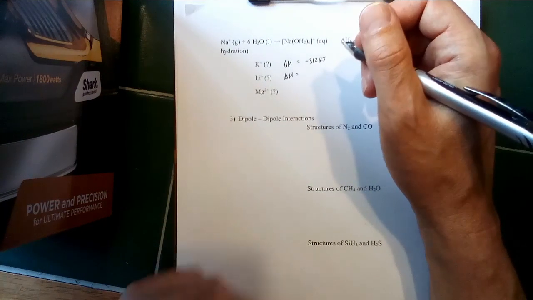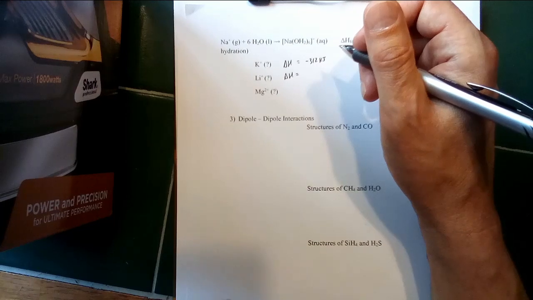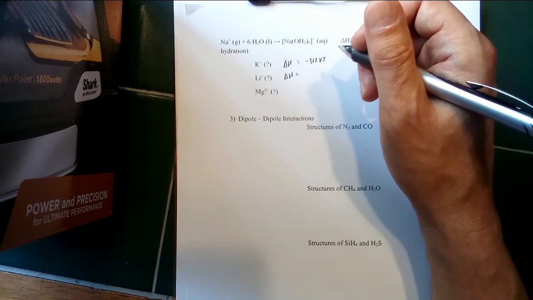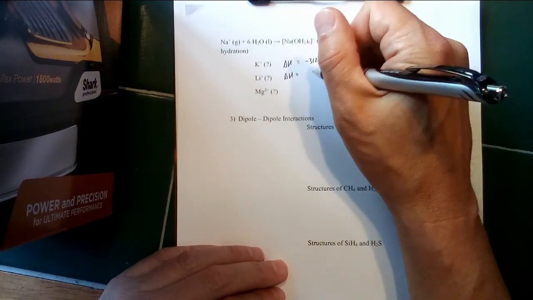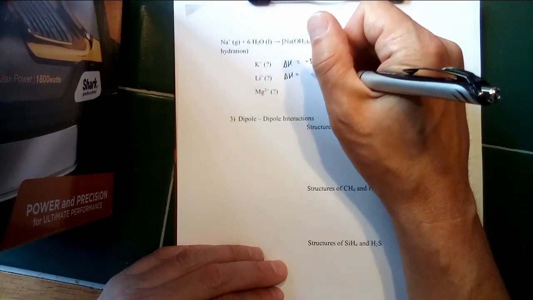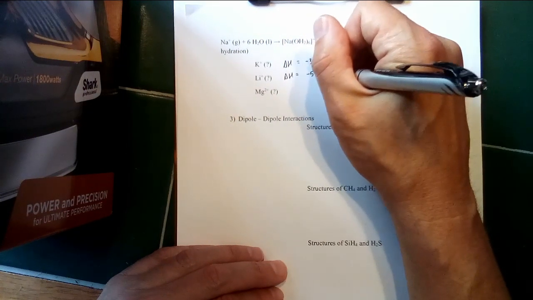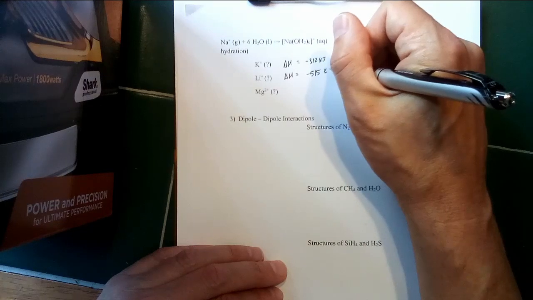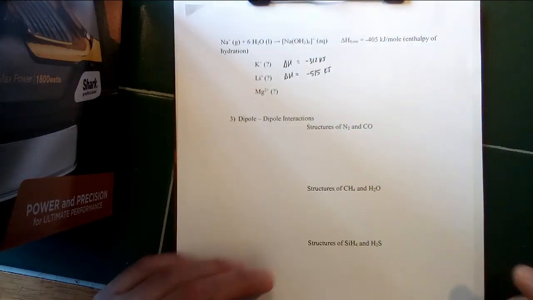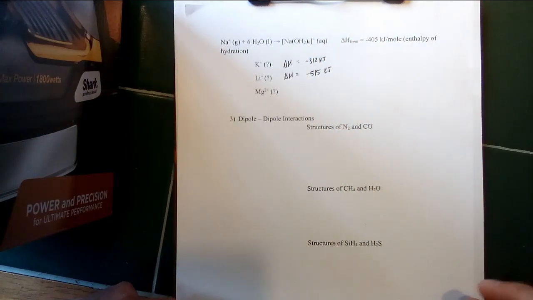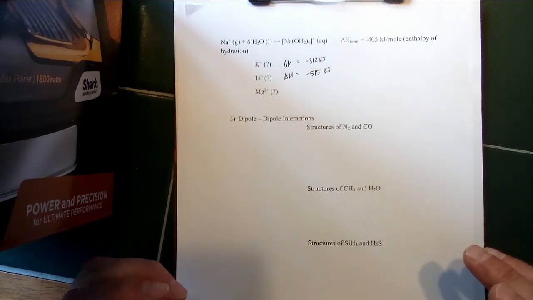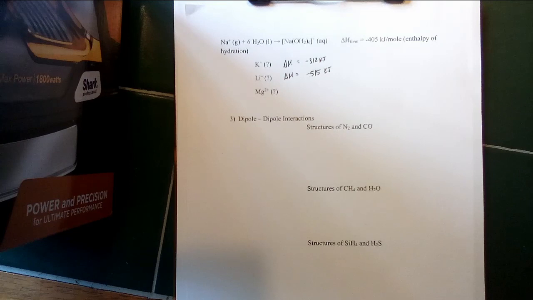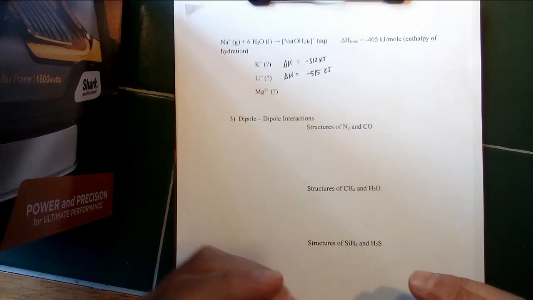So the distance in this case is going to be lower, but a smaller number on the bottom of a fraction is going to give us a bigger force. And we see that in the enthalpy of hydration for lithium, which is negative 515 kilojoules. So even more energy is released when lithium interacts with water, because lithium has a stronger interaction with the polar water molecules.